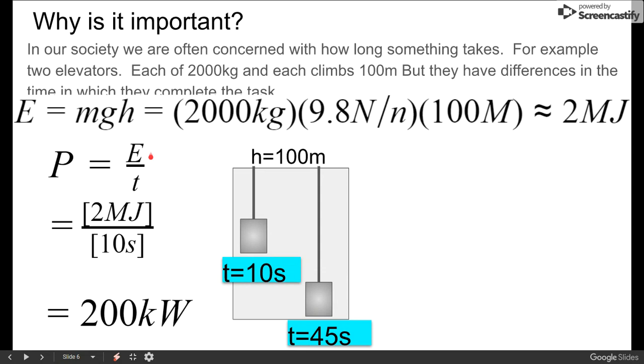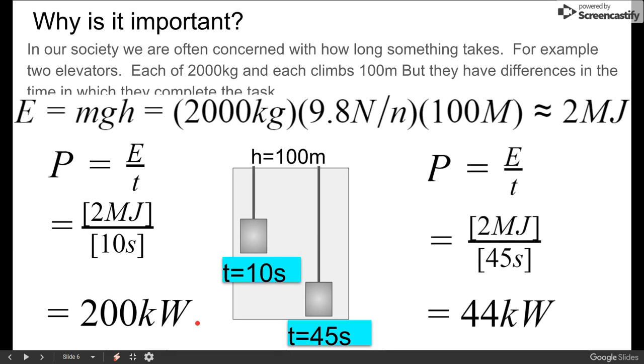The first elevator needs the 2 megajoules of energy delivered in 10 seconds, which means 200,000 joules per second is what will be needed to power the elevator. The second one, the 2 megajoules only needs to be expended in 45 seconds, so you get 44,000 joules per second. This would give you an idea of the size of motor you need.